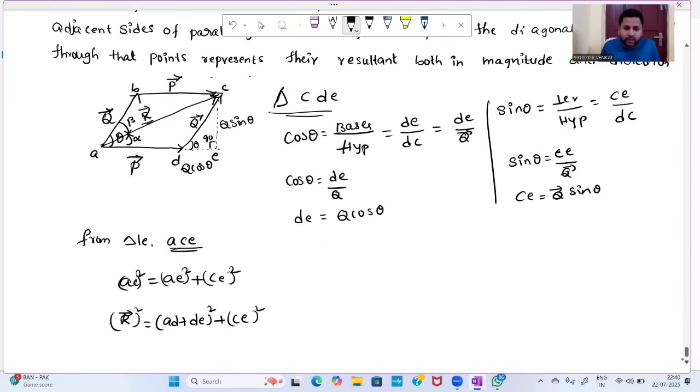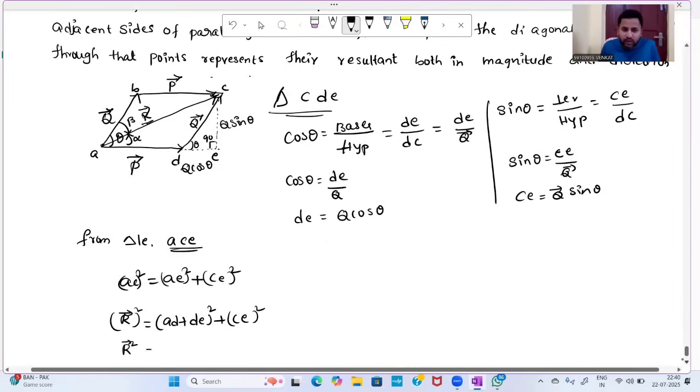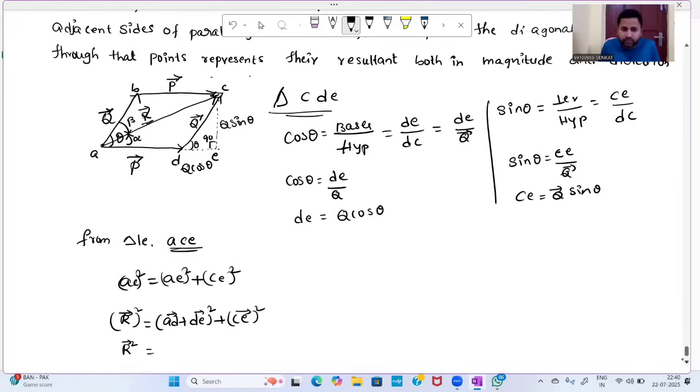Then AD is the P vector, so we can substitute and represent it in vector form.